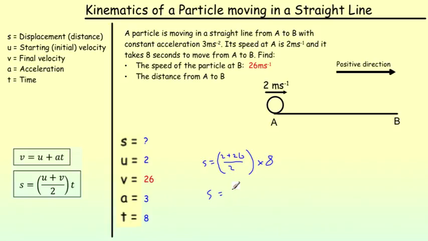So when we work that out, we get 14 times 8, and 14 times 8 is equal to 112. And we know that displacement is measured in meters. So that's the answer to the second part. Our displacement is 112 meters.